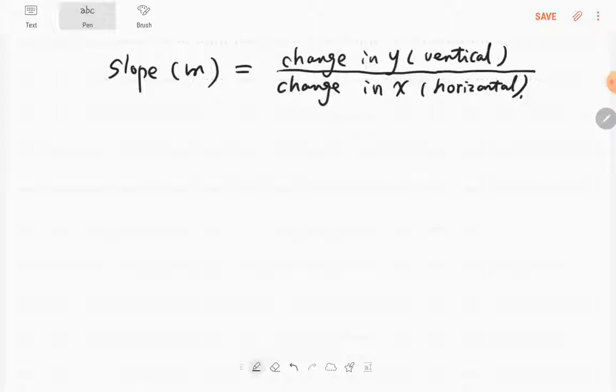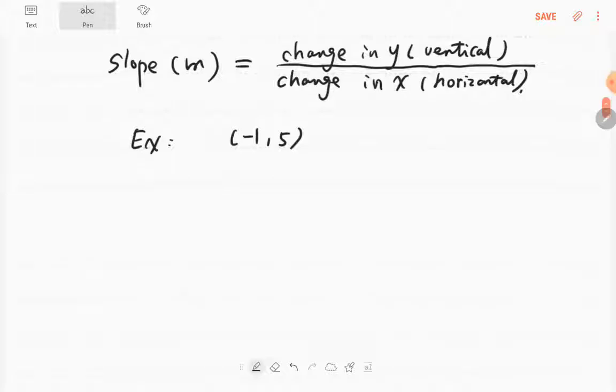Let's check the example to help us understand how we can find the slope if we have 2 points. If we have 2 points, the line goes through this, our first point, and this, our second point.